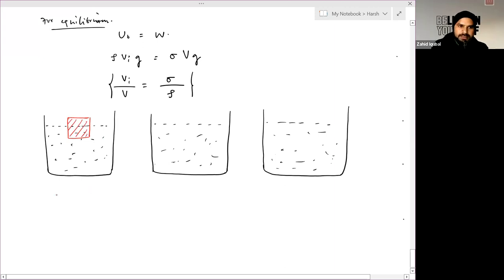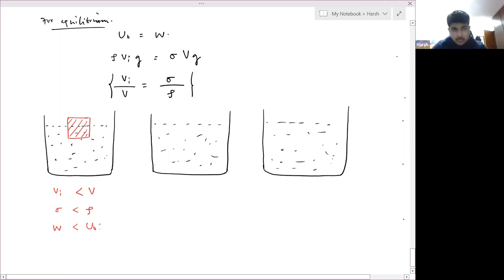For this part, volume of object immersed is less than its total volume. Is it clear? Yes, sir. So the ratio Vi divided by V will be less than 1. Since this term equals sigma by rho, sigma will be less than rho, or weight of object is less than buoyant force. So it will tend to float, partially immersed and partially outside.